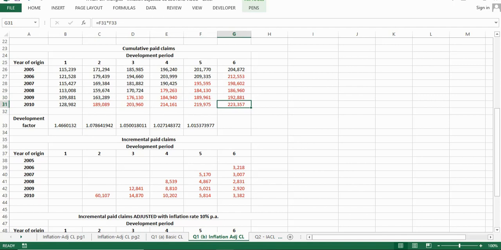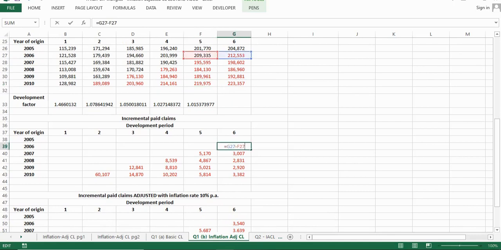So we need the amount which will be paid in 2015, which relates to the accident year 2010. So what we need to do is take 223,357 minus this. So this is what we will do. You will see here. Here it is. Okay. So we revert back to the incremental claim table. Here it is.